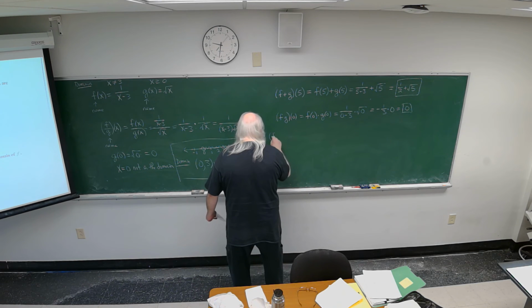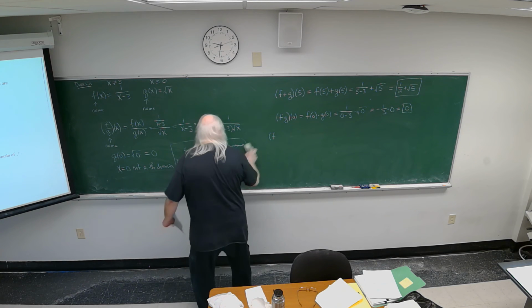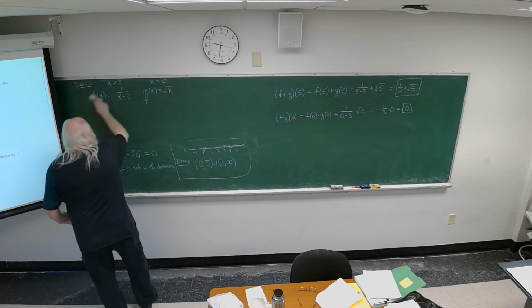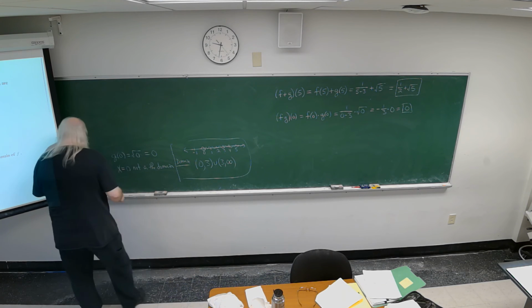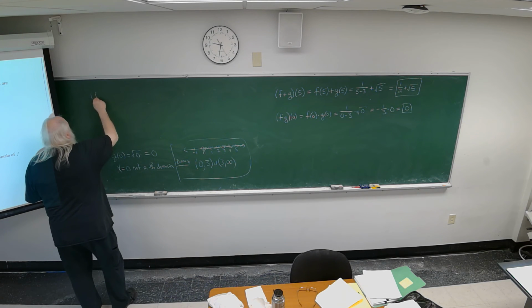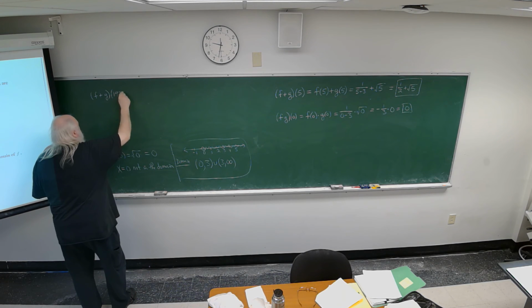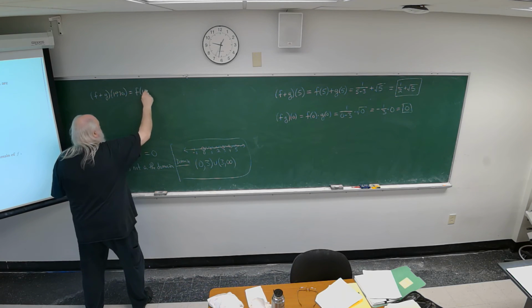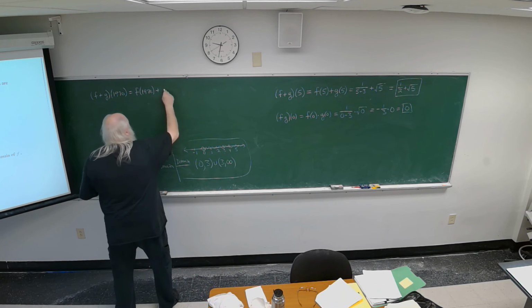So f, now let's do it over here. So f plus g of 1970 is equal to f of 1970 plus g of 1970.